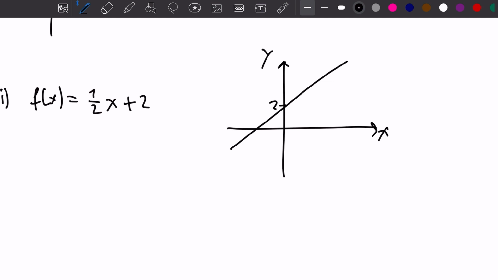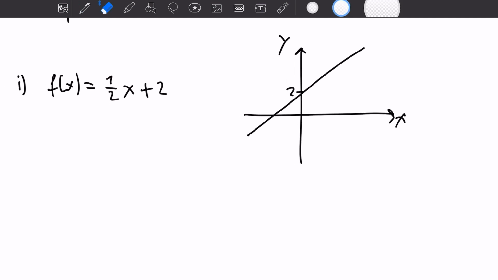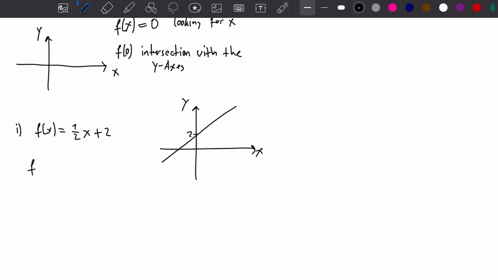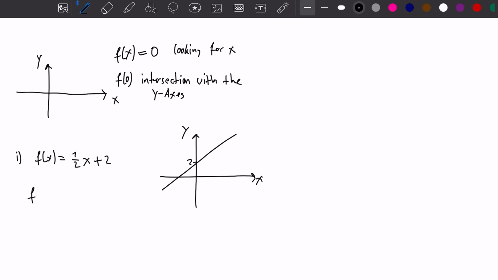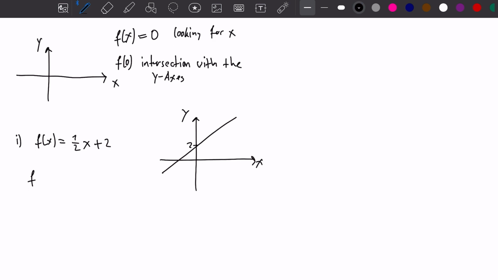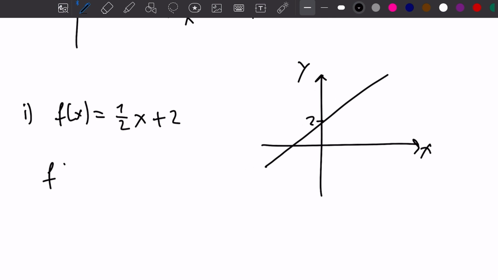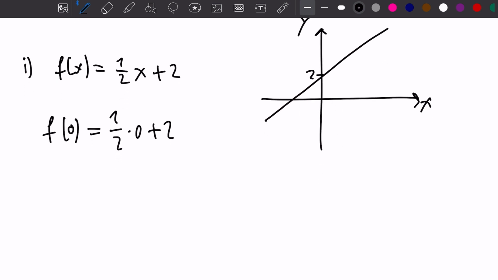First, doesn't matter what you do first, but maybe we first search for the intersection with the y-axis, so f of 0 equals 1/2 times 0 plus 2, and this is just 2.